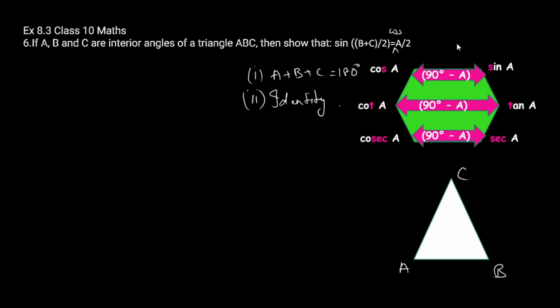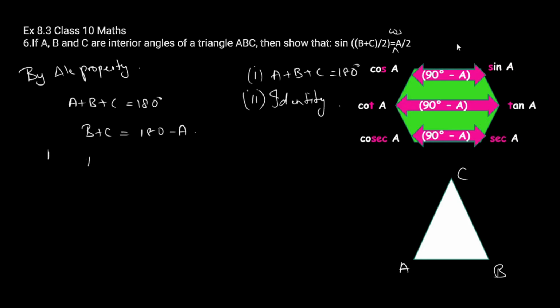Now we know that by the triangle property, A plus B plus C is equal to 180 degree. Therefore, B plus C is equal to 180 minus A. Therefore, divide by 2 on both sides.